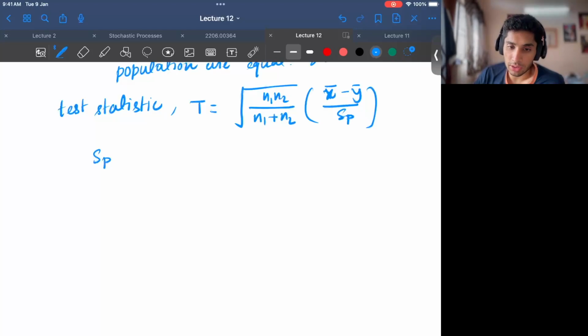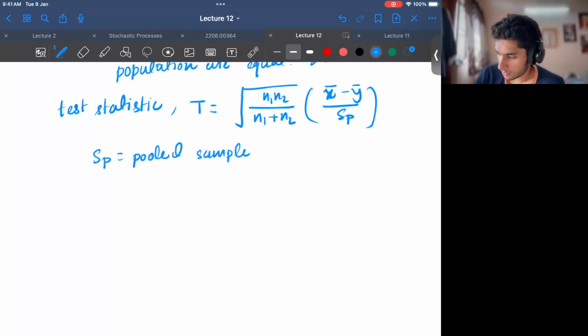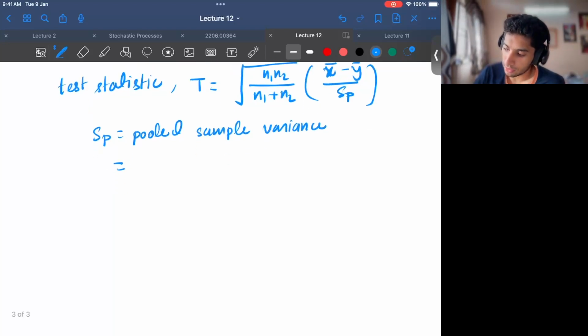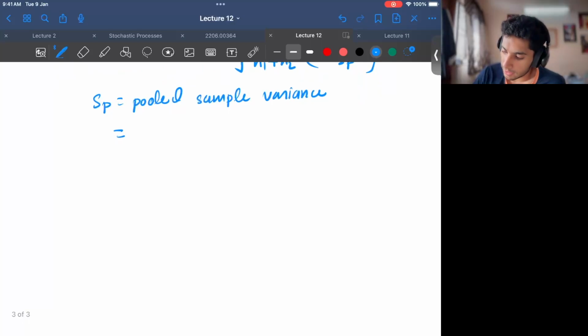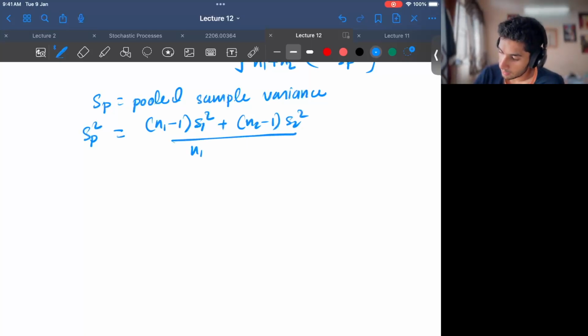sp is the pooled sample variance. And what is it equal to? The pooled sample variance sp square is equal to N1 minus 1 times S1 square plus N2 minus 1 times S2 square divided by N1 plus N2 minus 2.